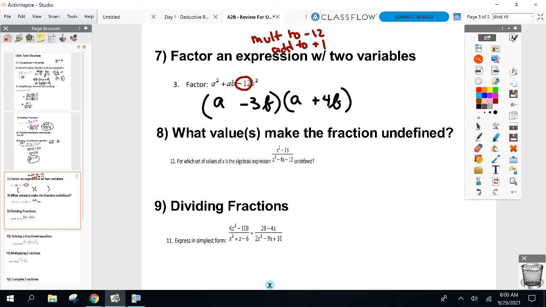And I know some of you might get a little freaked out. Well, how am I going to get ab in the middle? If you double distribute, you end up getting that. All right, so 3 terms tomorrow, two variables and 1 factoring problem. No big deal. 2 numbers that multiply to the last one, add to the middle, and then just make sure you attach the second variable to the numbers.